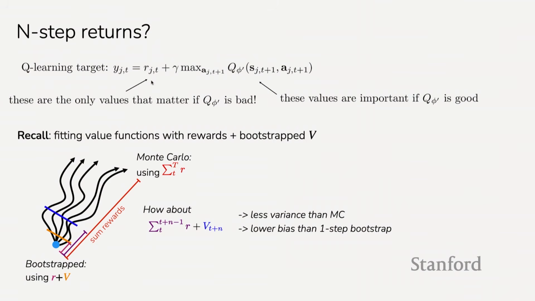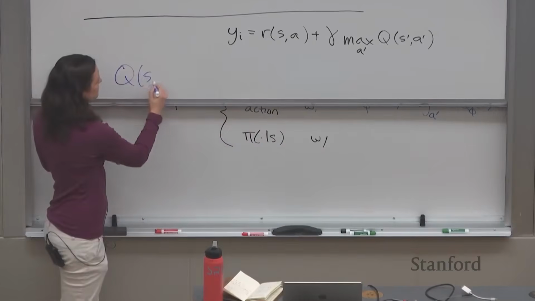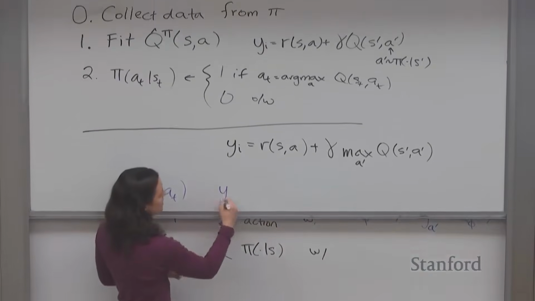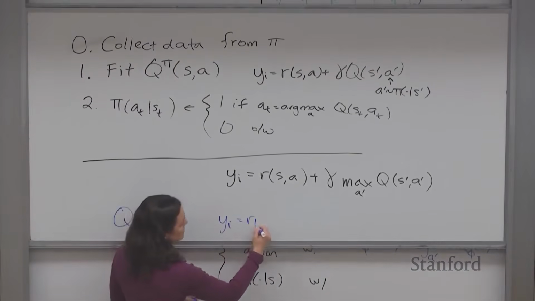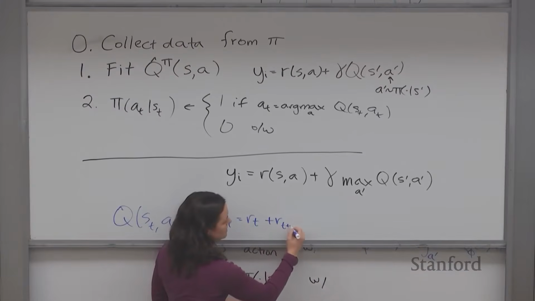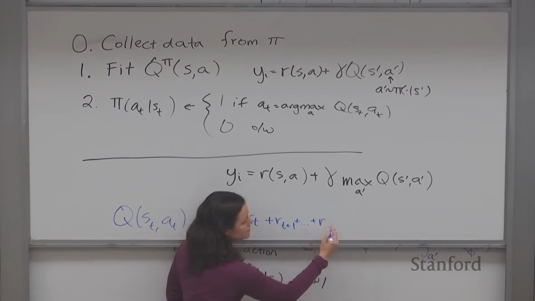So can we do this for Q values? What this would look like for Q values is, say you're trying to get the target for s_i, a_i, then you would define y_i to be r at the current time step plus r at the next time step, up until r at time step t plus n minus 1.